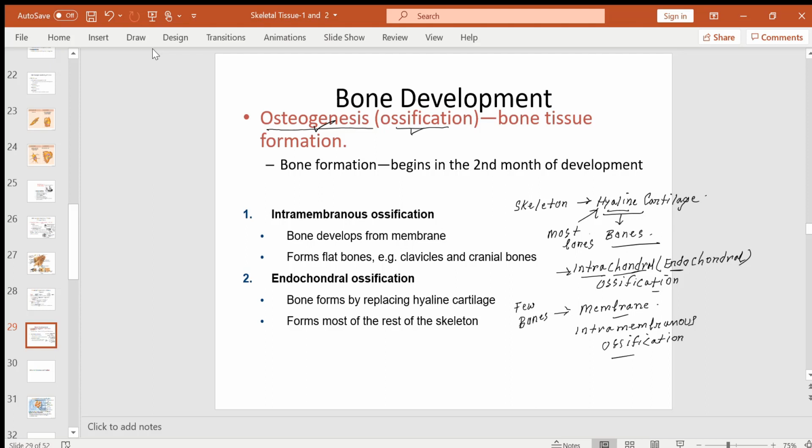Now which few bones are formed by intramembranous ossification? Most of the flat bones, and clavicles.